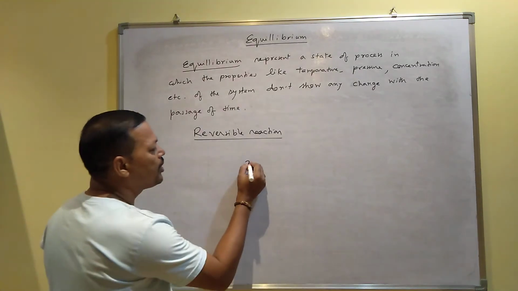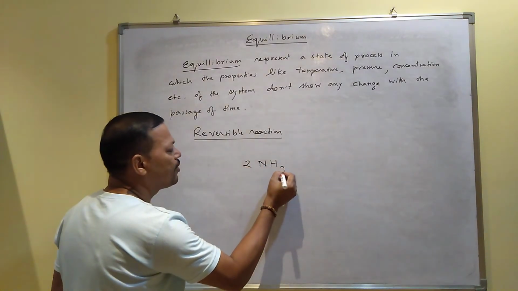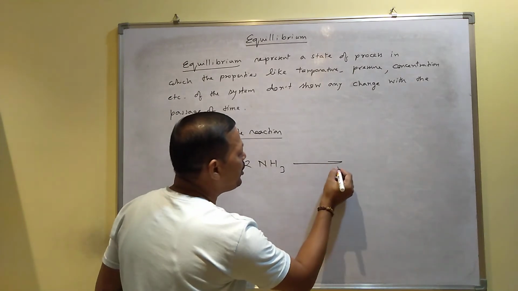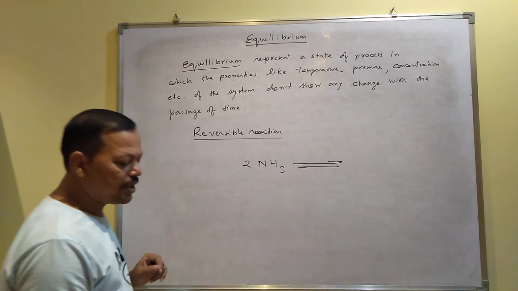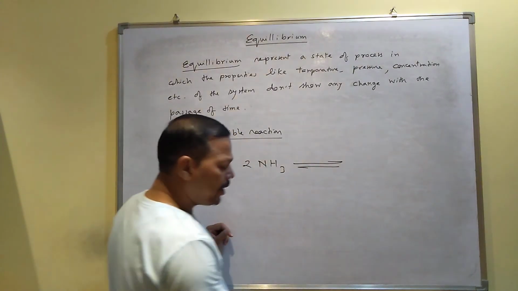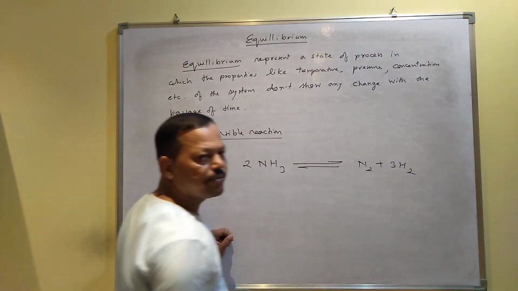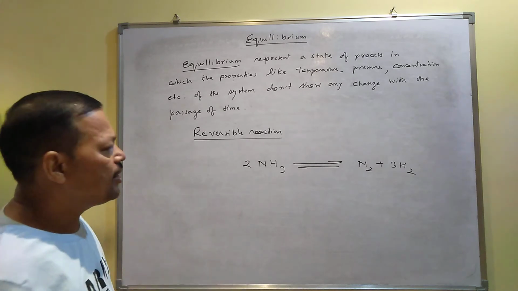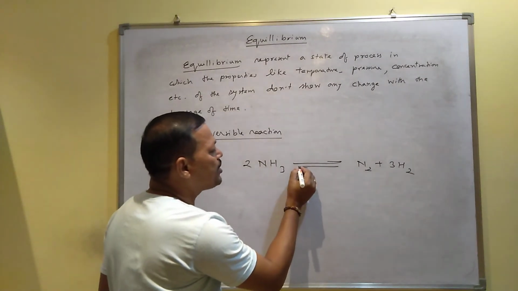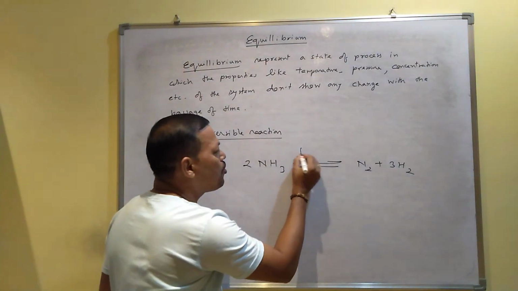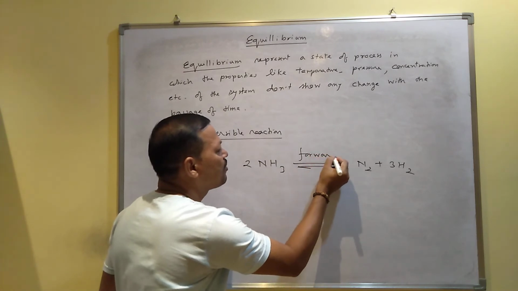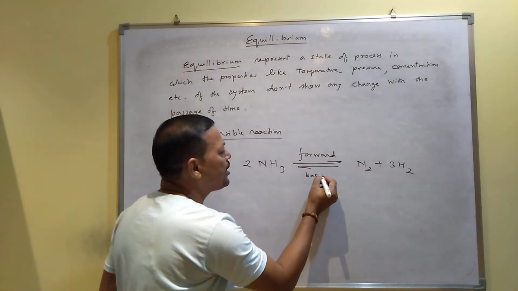For example, this is ammonia, NH3. When ammonia undergoes decomposition, it produces nitrogen gas and hydrogen gas. This sign represents the reversible sign. This is called the forward direction and this is called the backward direction.